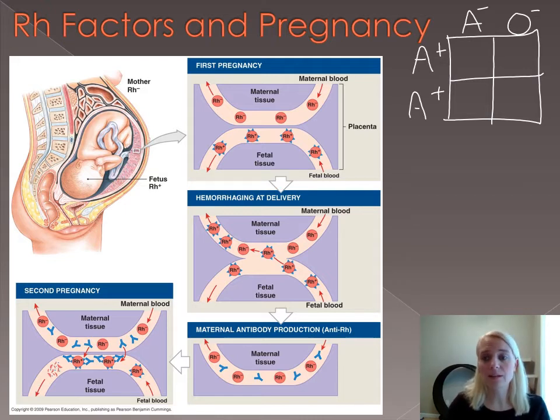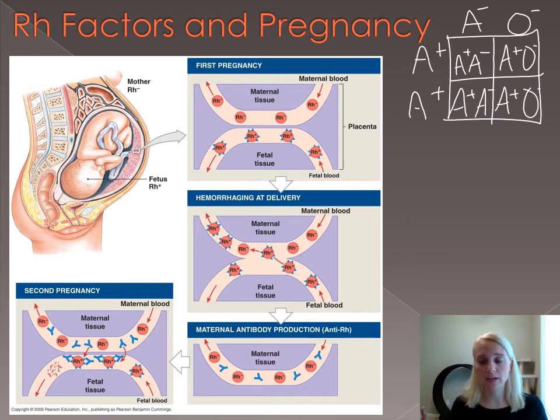So if they mate, these are the possible blood types their kids can have. So what that means is there is a 100% chance that all of their kids are going to be A positive. That's the only blood type that they can produce. So A negative mom mating with an A positive dad, 100% of the kids are going to be A positive.